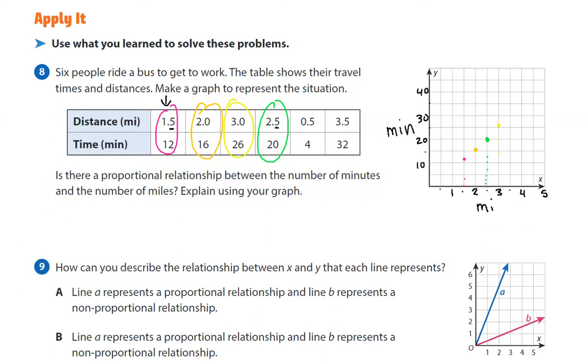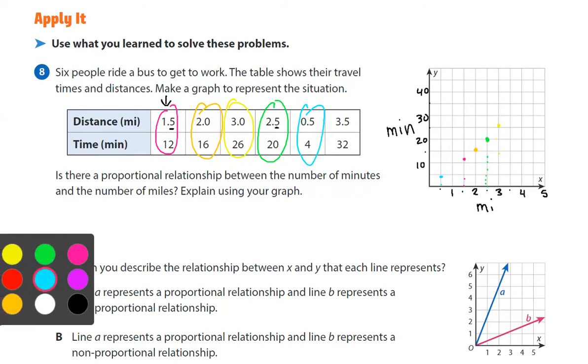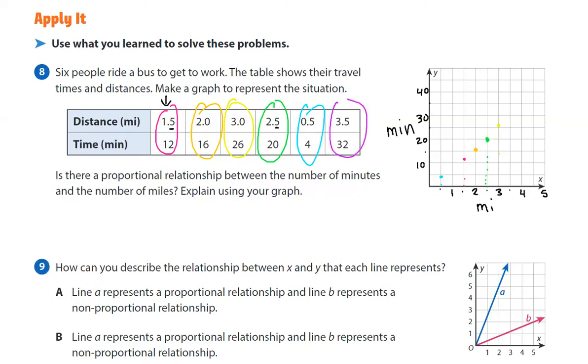This person is going to go 0.5 mile and it's going to take them just 4 minutes. And then my purple person is going to go 3.5 miles and that's going to take them 32 minutes. So there's 30 and there's 32.